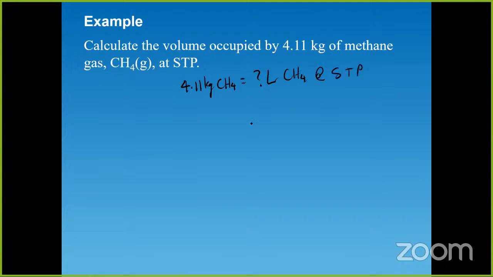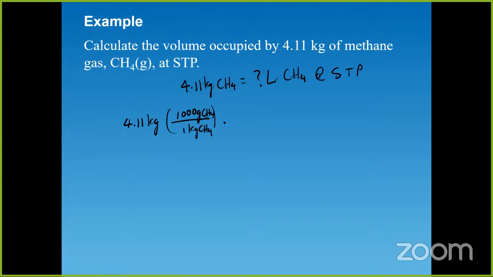So that'd be 0 degrees Celsius and 1 atmosphere. Exactly, exactly. Now, what I would do, of course, is start off with what we're given. And the first thing I would do is convert the 4.11 kilograms to grams. And by now, we should all know how to do that. You multiply by the appropriate conversion factor.